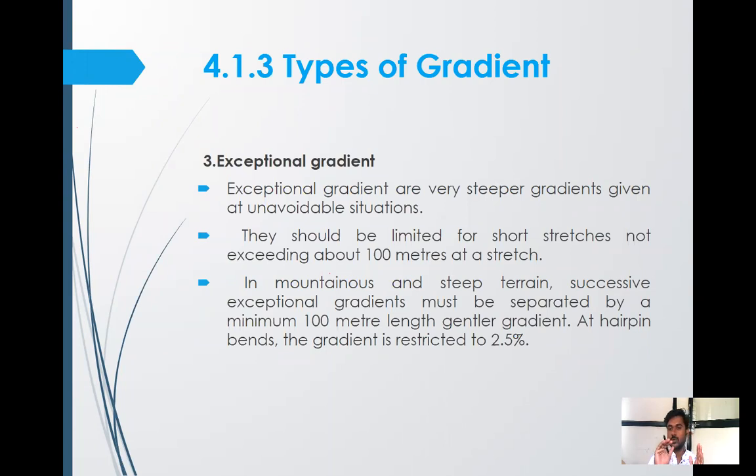Then we have to provide some flatter gradient, then the exceptional gradient again. Likewise, because if you provide a continuous exceptional gradient, it is a very difficult situation for vehicles. So exceptional gradient, then some flatter gradient, then exceptional gradient again. Likewise, we have to provide the exceptional gradient in unavoidable situations only.